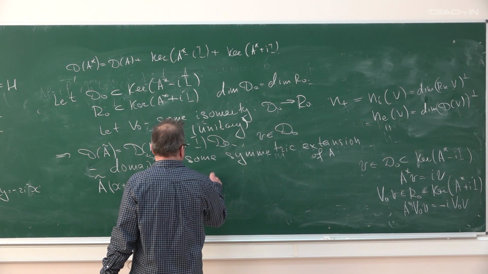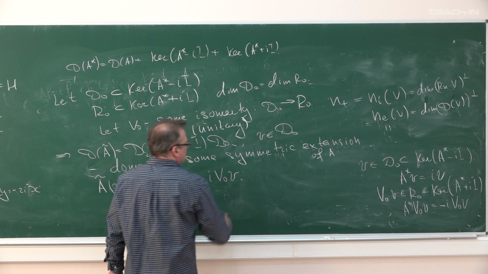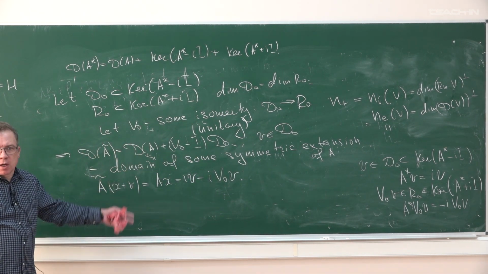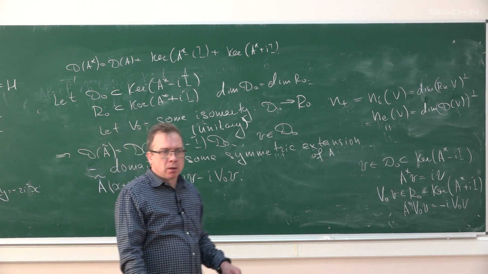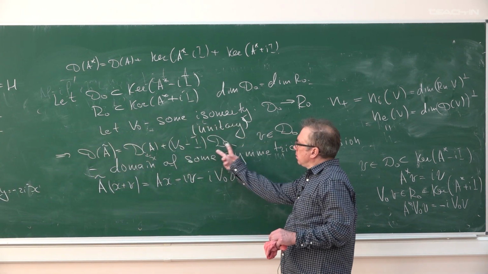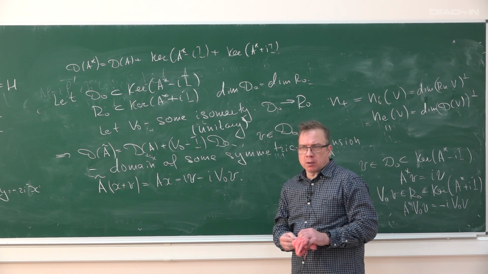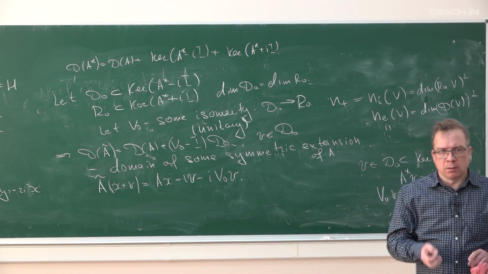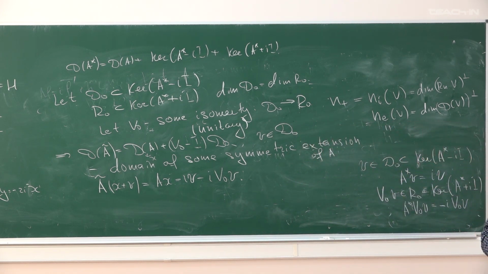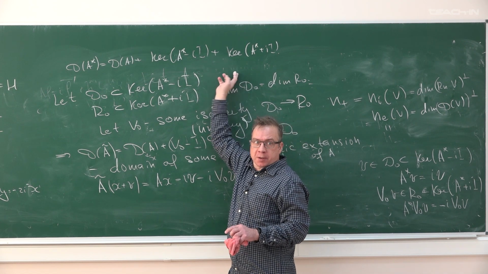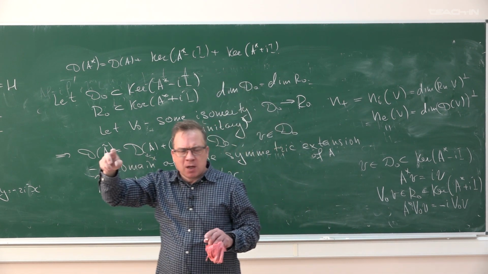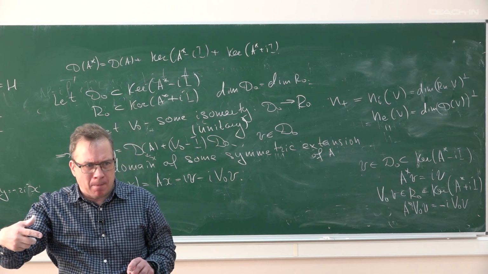So this is the description of the action of the operator. This is some domain, and this is the result of the action of the operator. We interlaced these spaces by a unitary operator. Not spaces, but subspaces.